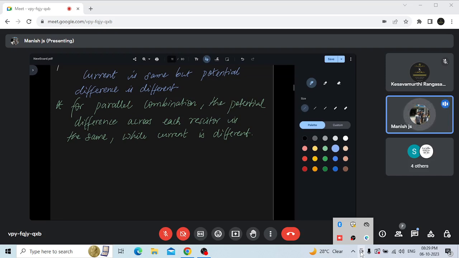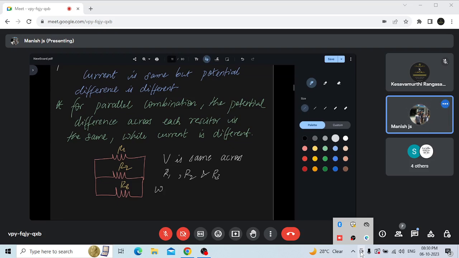So again, for parallel, I hope the circuit is very clear. So you have resistors connected one below the other, like this. So this is R1 and this is R2 and R3. So potential difference will be same. V is same across R1, R2 and R3, while I is different.